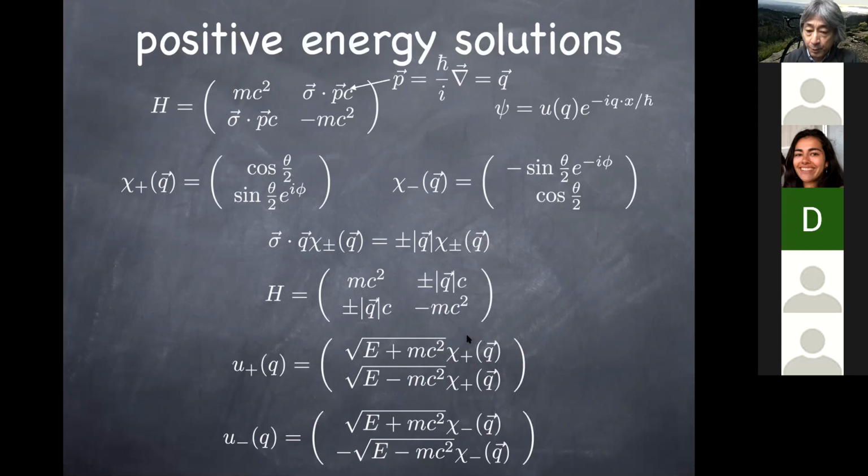So that's the first component. Second component vanishes. I have, again, 1, 0. But this E minus mc squared vanishes when the particle is at rest. So the third component vanishes. The fourth component vanished from the beginning because of sine theta over 2. So that's what I meant by 1, 0, 0, 0 for the particle at rest with spin up.